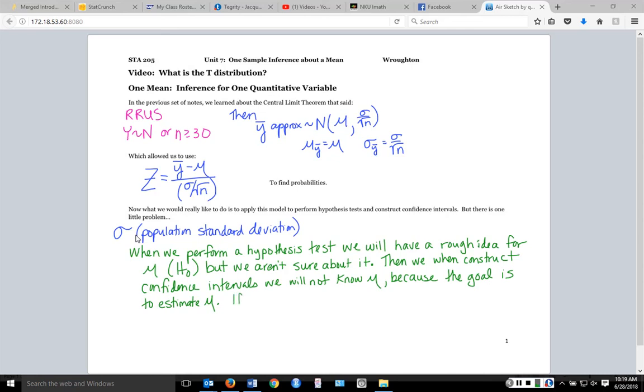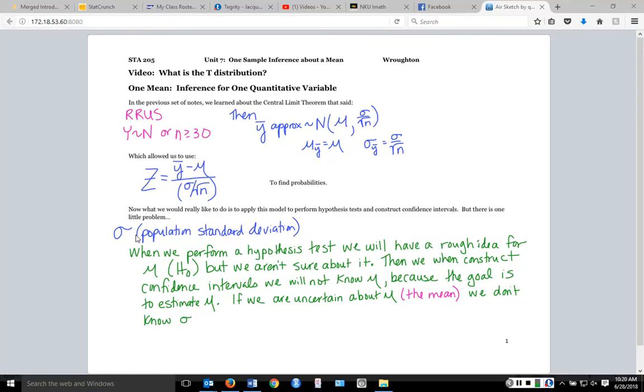If we are uncertain about mu, right, which is our mean, that means I'm not going to know sigma, or the population standard deviation.